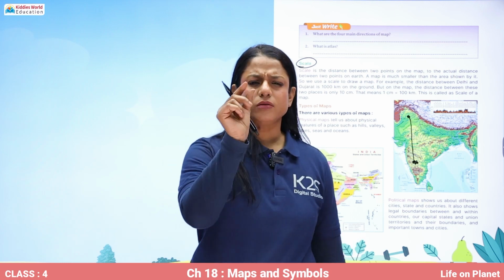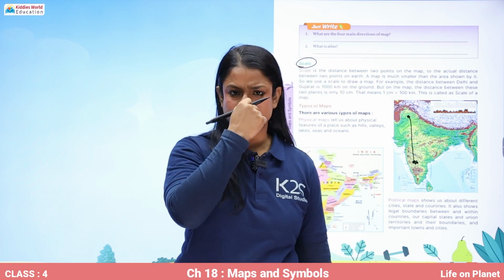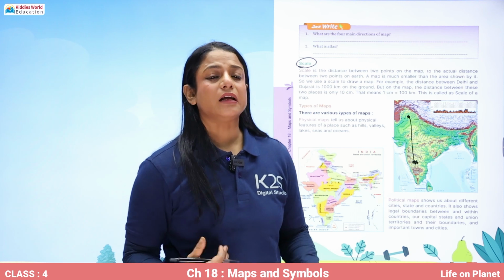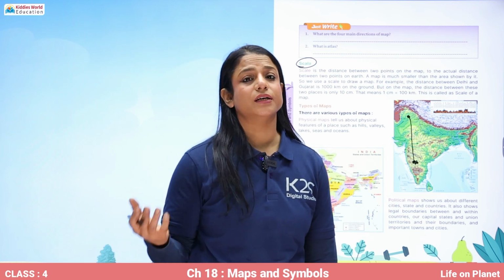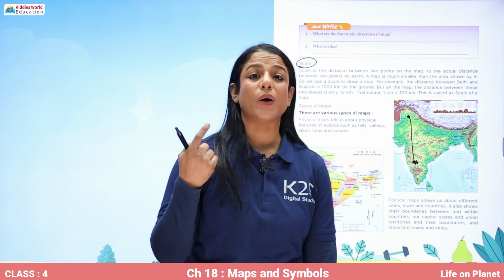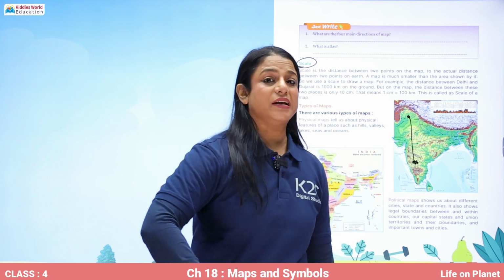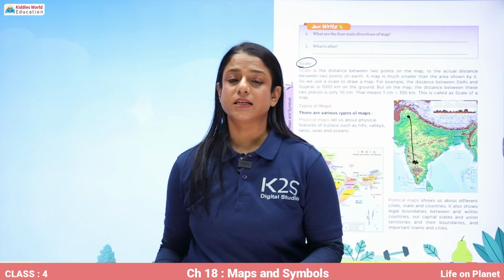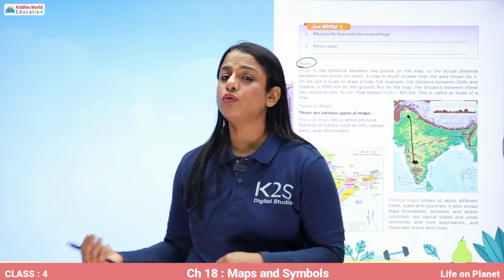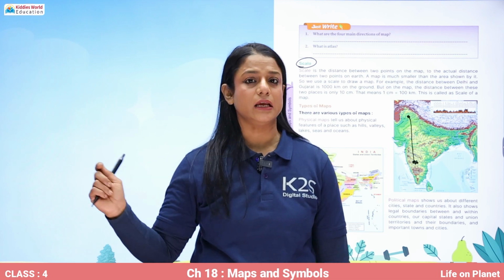We have to show just a very small distance on the map. Suppose 1 kilometer on the map is shown by 1 centimeter. So if it is 600 kilometers of actual distance, on the map we are going to show only 6 centimeters.